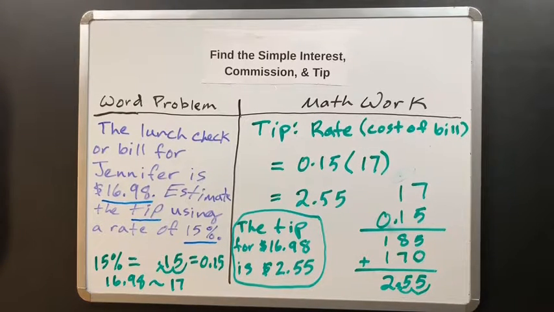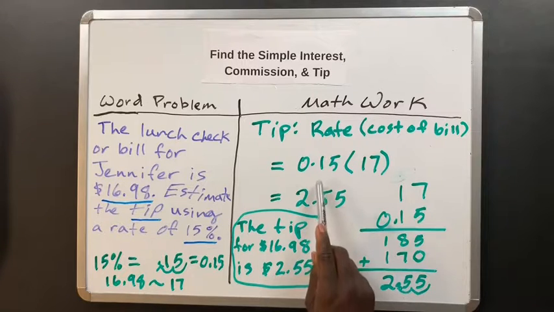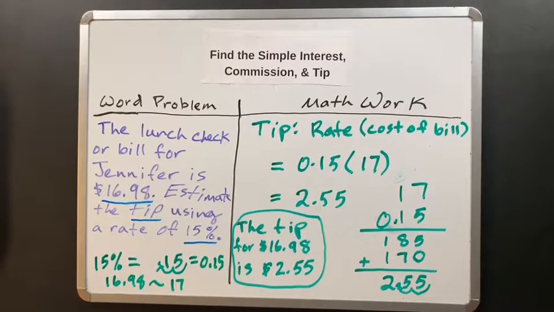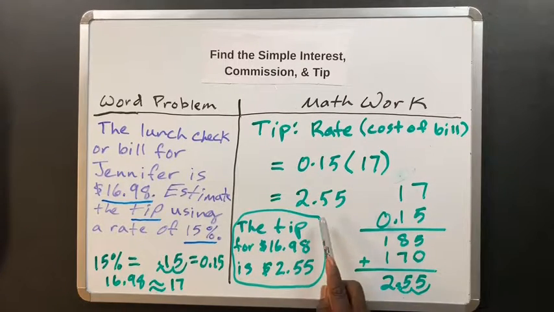And then you add it to the 1.7, you're still going to get the same as 2.55. That's just a quick way to do it in your head, but a lot of your math teachers are going to want you to show your work, okay? Right? And so we took that rate, multiplied it by the cost of the bill, which we rounded, okay? And I think I'm going to use the approximate symbol. There we go, which is approximately 17. And then we multiplied those numbers over here and got our tip.